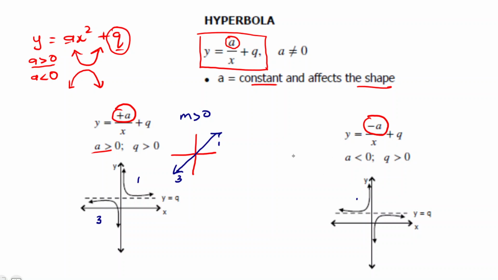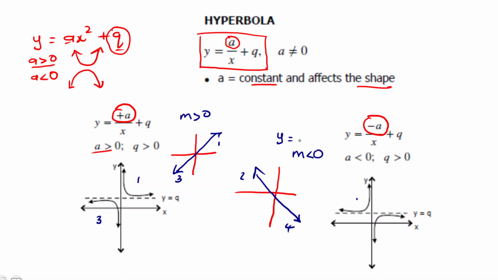But for the straight line, if the gradient is negative, then the slope of the straight line graph will be from the second quadrant to the fourth quadrant. So this is how it's going to look, from the second quadrant to the fourth quadrant. That is for the straight line if your gradient is negative.